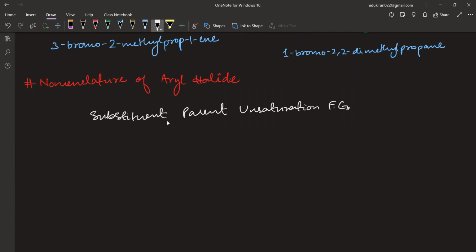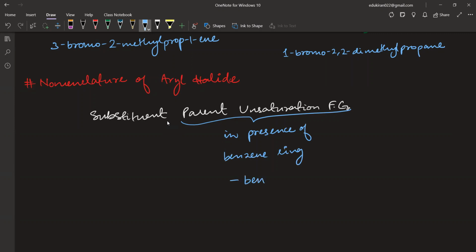But whenever you see a benzene ring, instead of writing parent, unsaturation, functional group, you will write just this word, benzene. Then you just need to see what the substituents are.